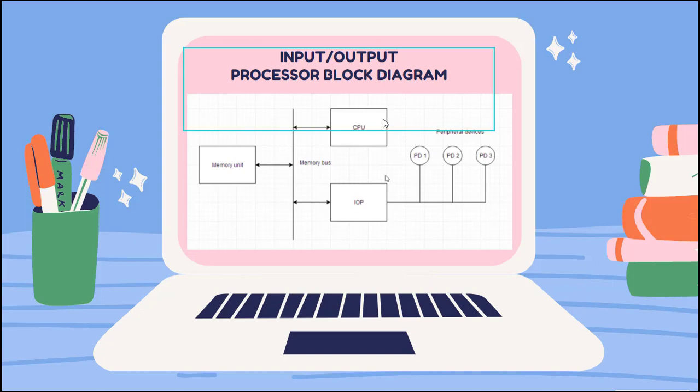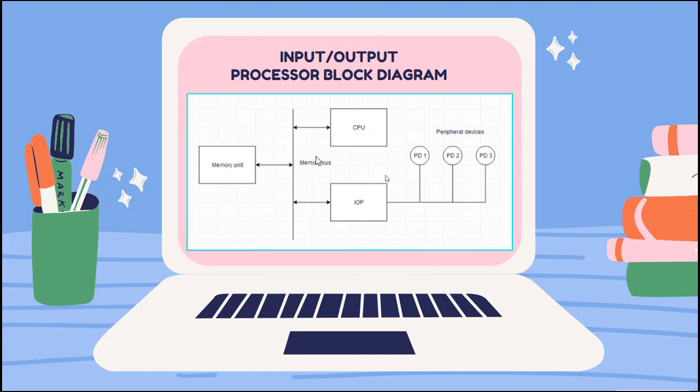The IOP provides a path for transfer of data between peripherals and the memory. The CPU assigns the task of initiating the I/O program. The IOP operates independent from the CPU and transfers data between peripherals and the memory.